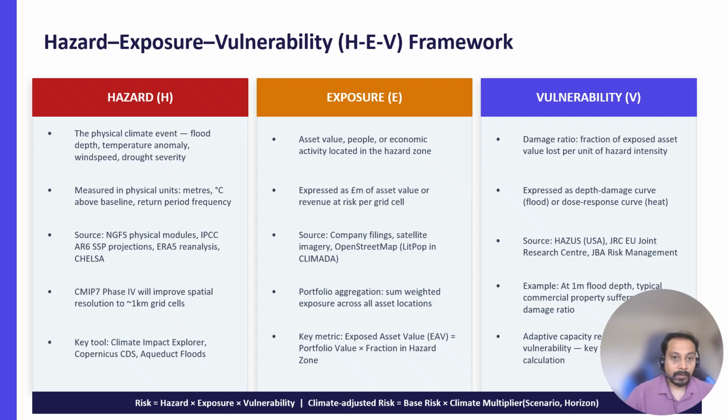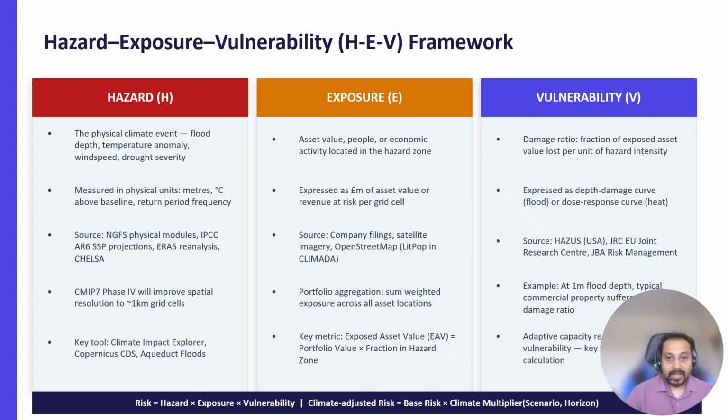At the portfolio level, it's the sum of all asset values weighted by their geographical locations in the hazard area. Tools like CLIMADA use LitPop, a global gridded dataset combining nighttime light and population data, as a proxy for economic exposure when company-specific asset maps are not available.